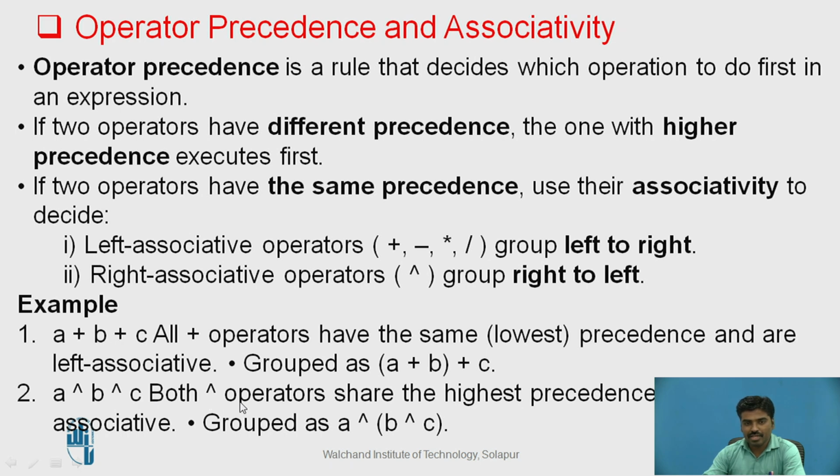Because raised to has a right associative rule, you have to evaluate B raised to C first, and then raise A to that result. Means in this example we see that for left associative you must execute from left to right, and for right associative you have to execute the expression from right to left.